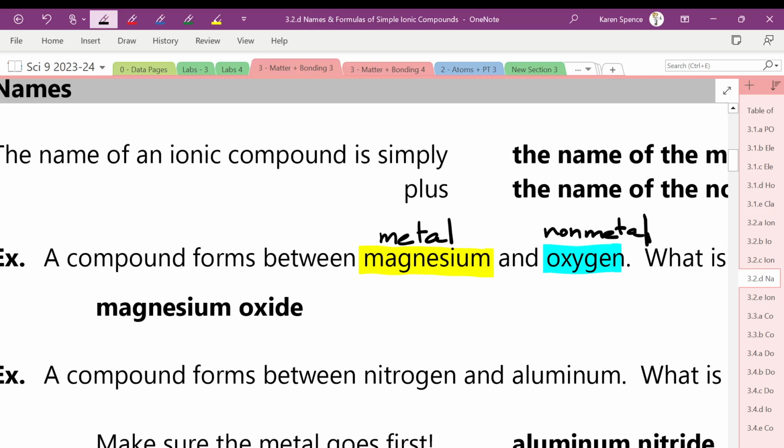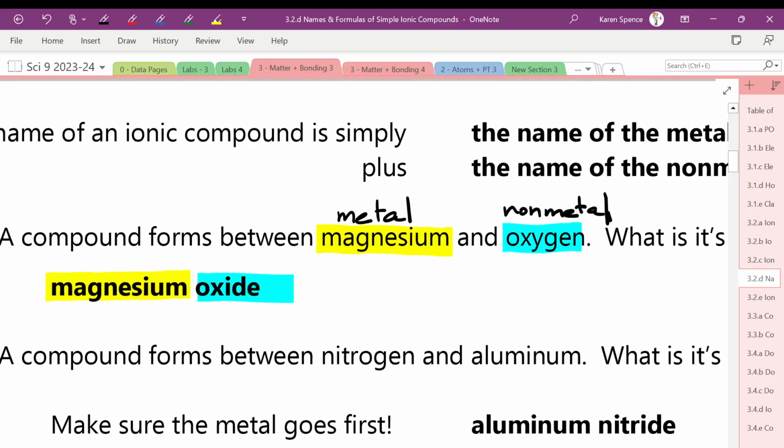So which one do we write first? Magnesium. So magnesium comes first. And then oxygen changes its last name to oxide.